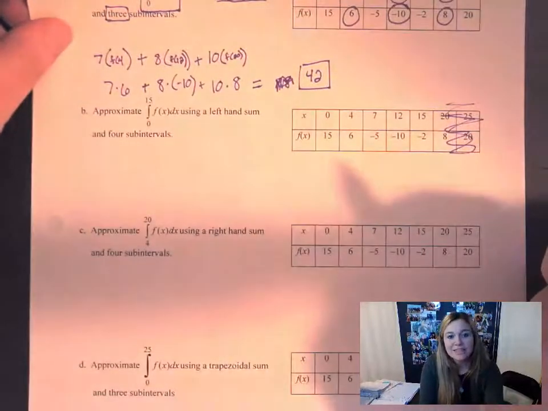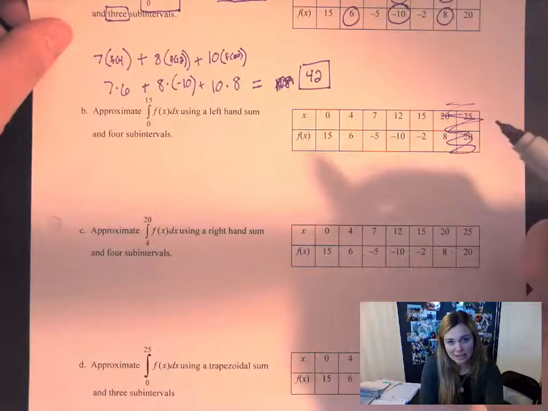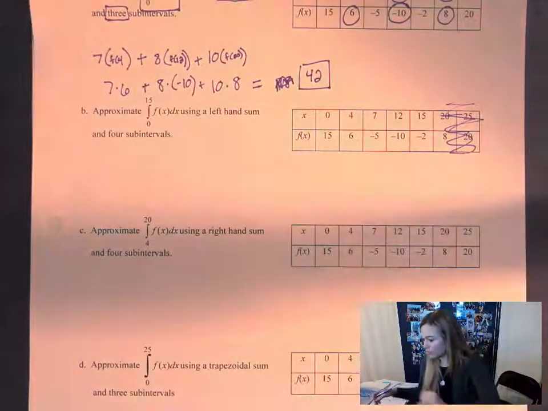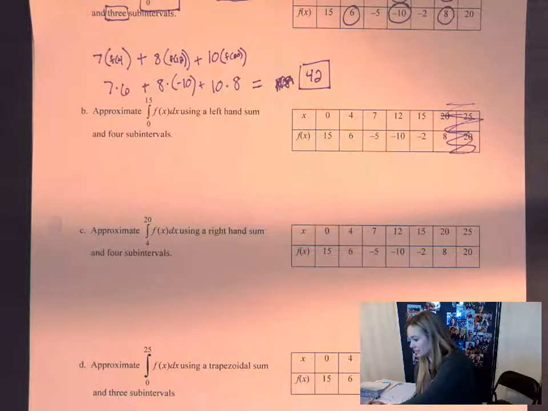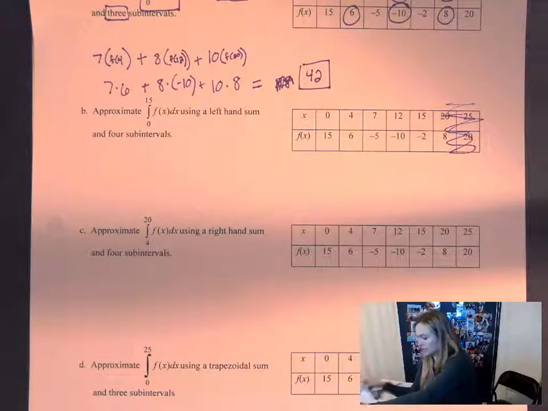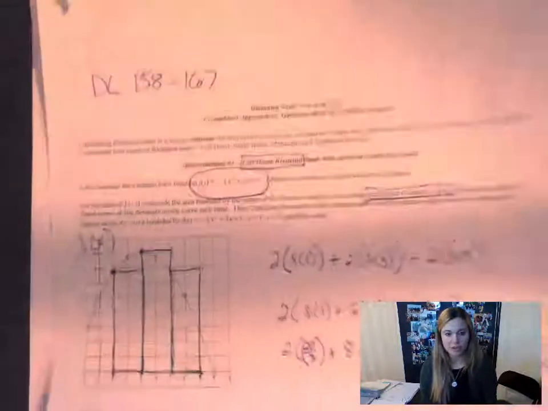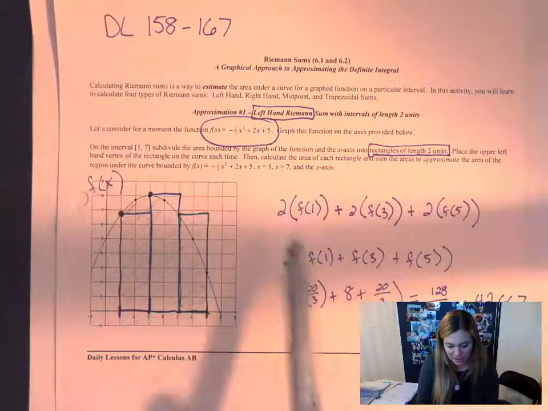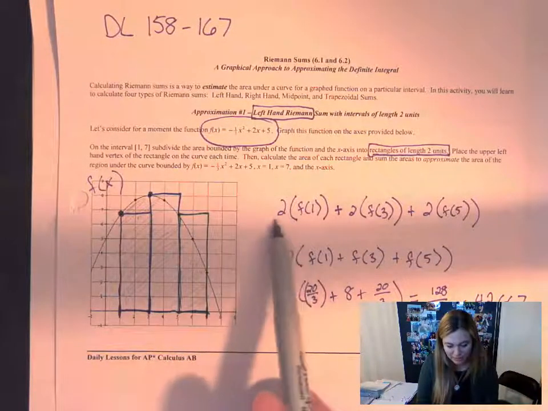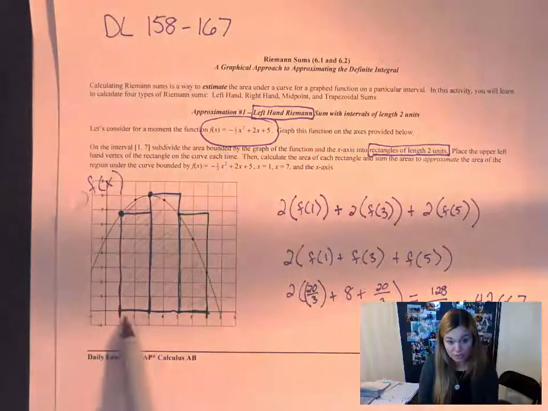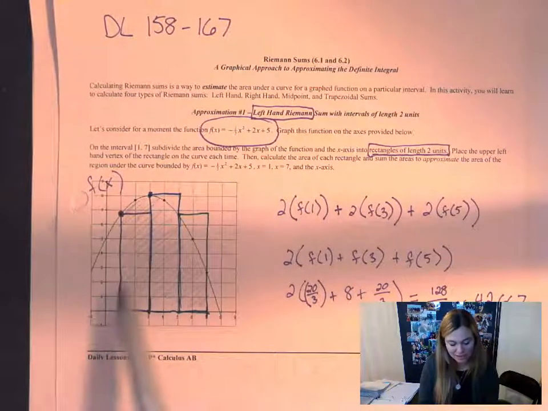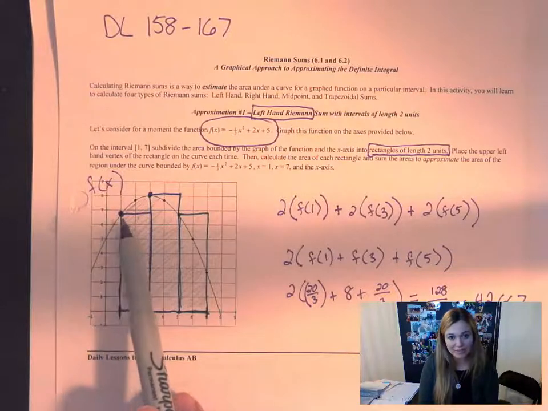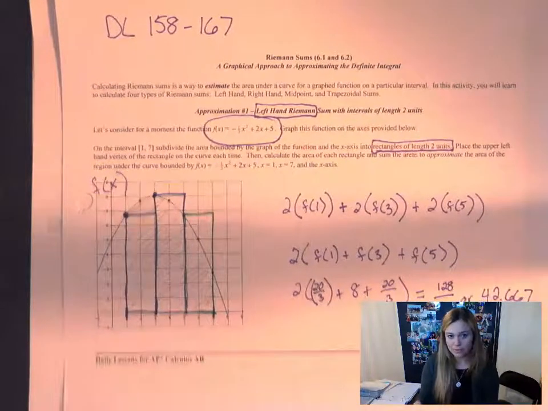A left-hand sum was one of the first ones that we did. So let me get one of the left-hand sums. I put these all out of order and I shouldn't have done that. The very first one we did, in every one of these we did my change in x, so down here this was 2, times my height, and I used the function value on the left, like the most left for a Riemann sum.